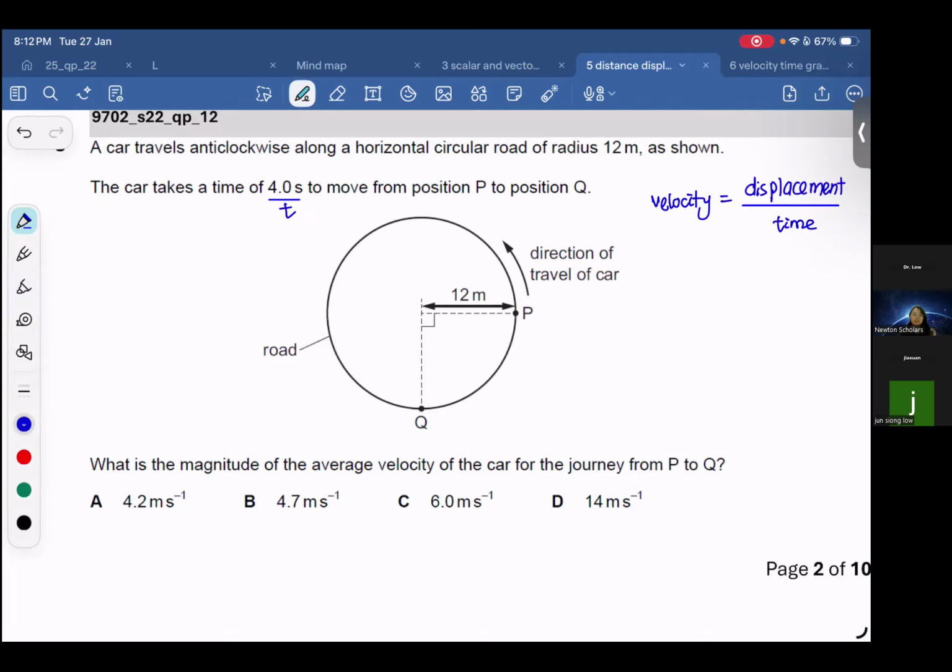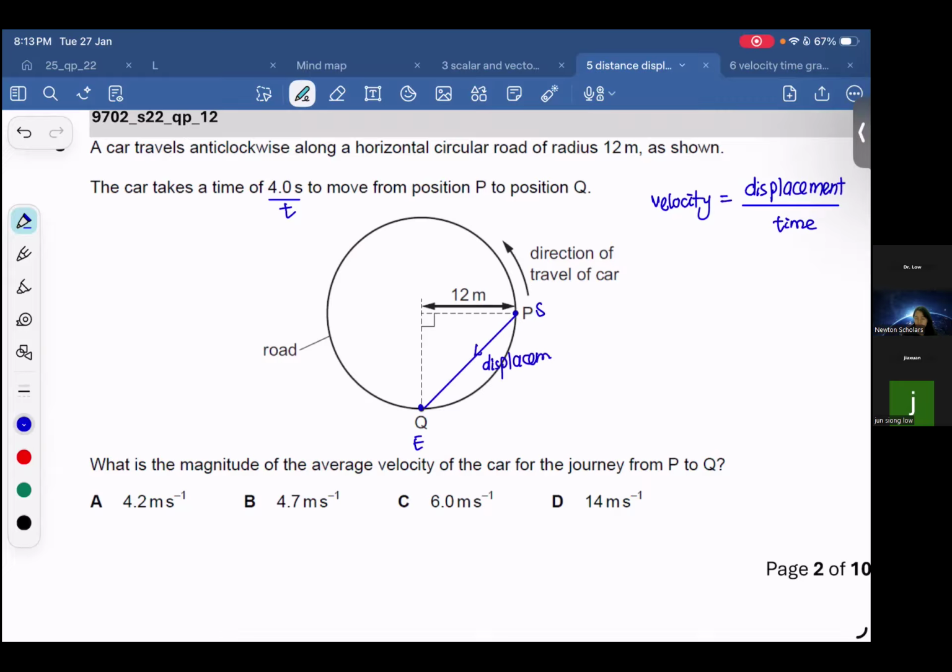Xiaosheng, do you have an idea? Starting point, ending point, draw a straight line. That is your displacement. Start from point P, so this is my starting point, end at point Q. So I find the shortest path, and this should be my displacement.